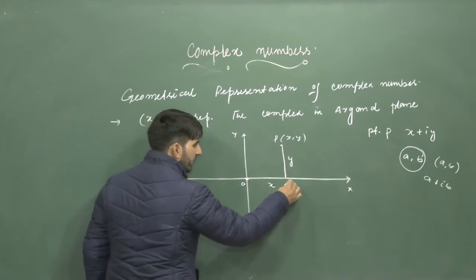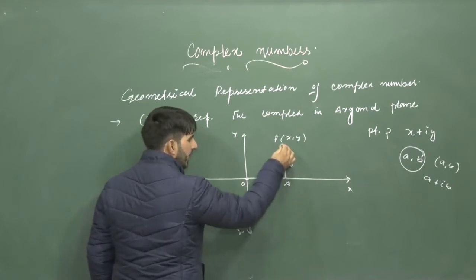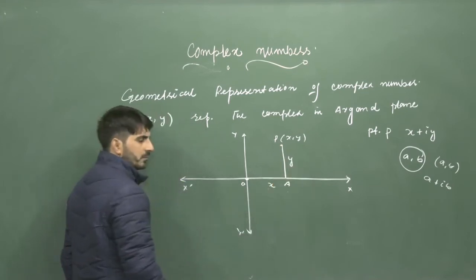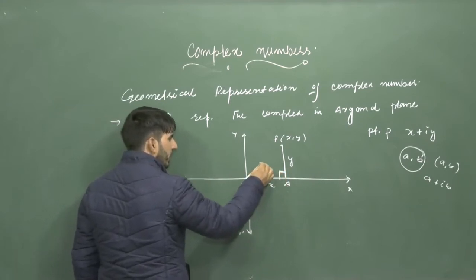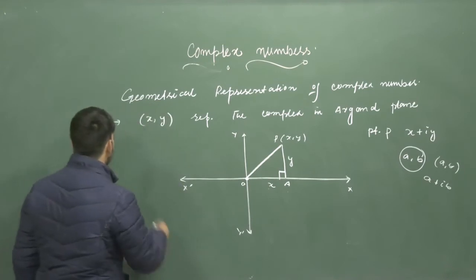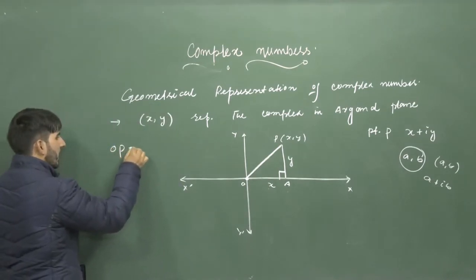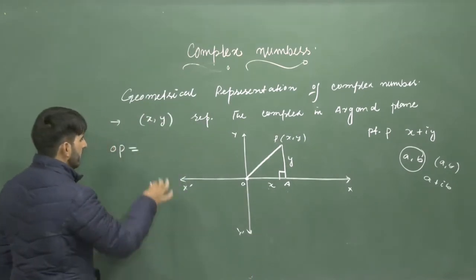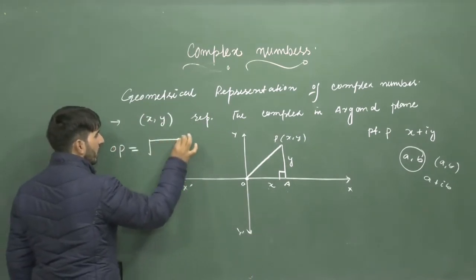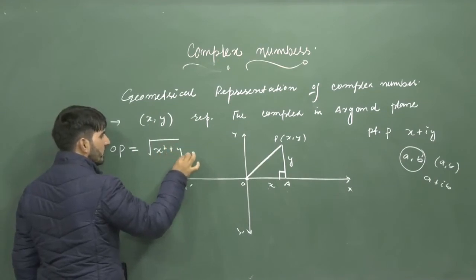So this point is A. OA is x and AP is y, and this angle is 90 degrees. Join OP. What is OP? Using the Pythagoras theorem, OP is the square root of x square plus y square.